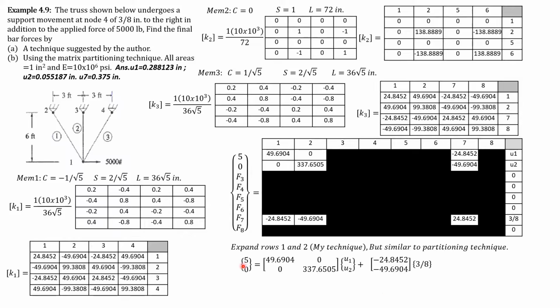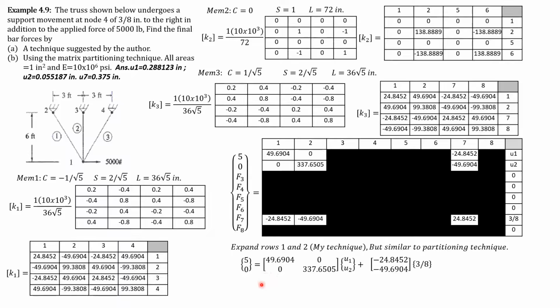In this force matrix, by the way, we have 5,000 here. So we have to express the load, so 5,000, then along y there's none, so 0. So this is negative 24.8452 times 3 eighths. When you transpose it to the left, it becomes positive. So plus 5 plus whatever is the product.